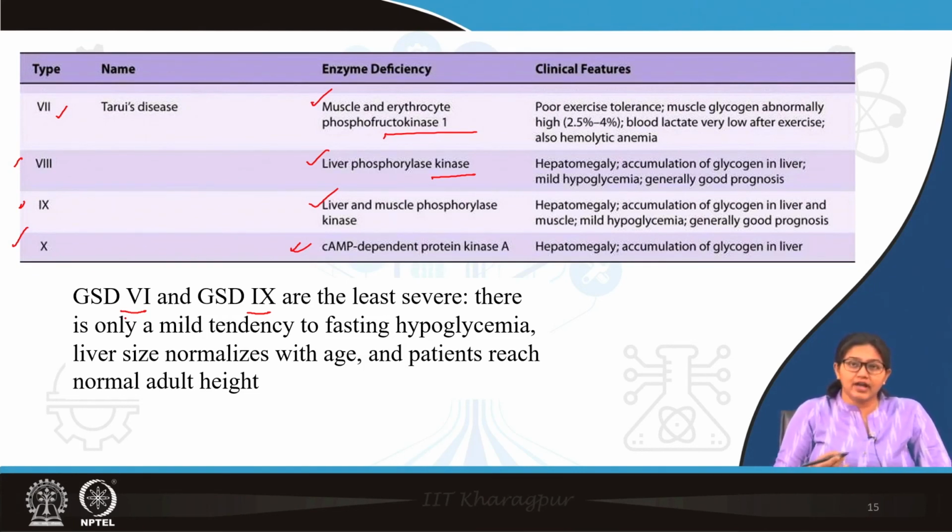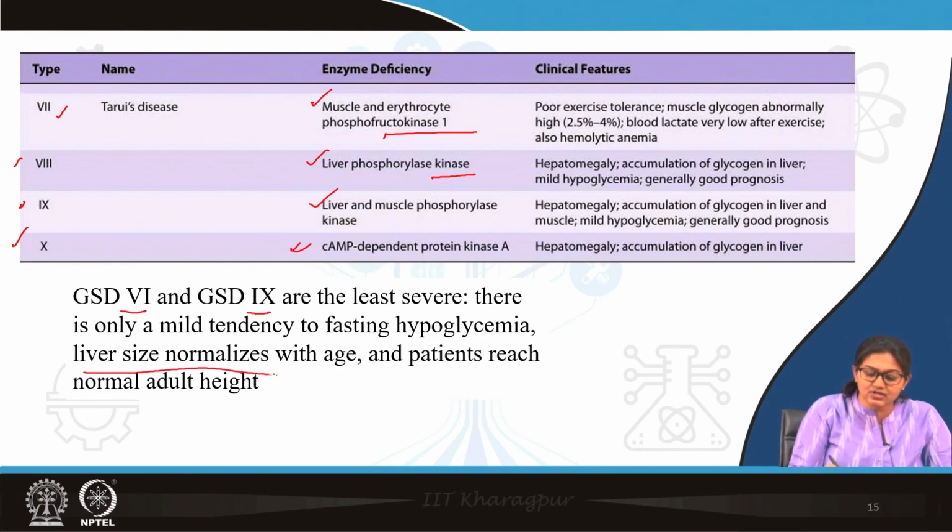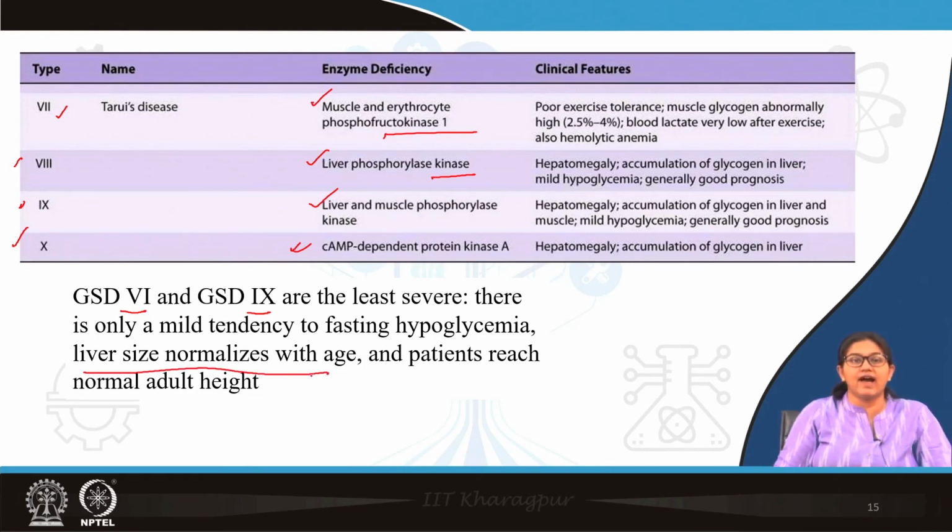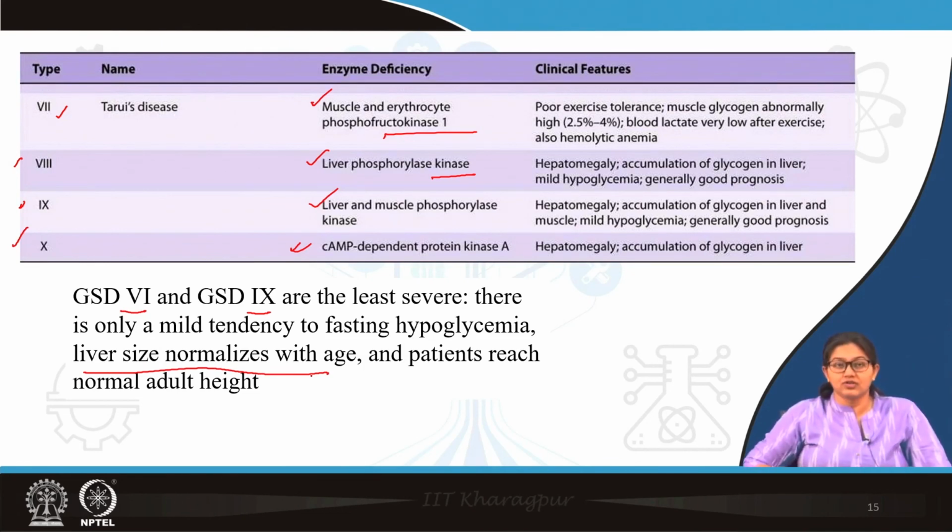And what happens is the hepatomegaly, which is caused by glycogen storage, is cleared with age. So the liver size normalizes with age and finally the patient reaches normal adult growth. So in type 6 and type 9, the prognosis is good.